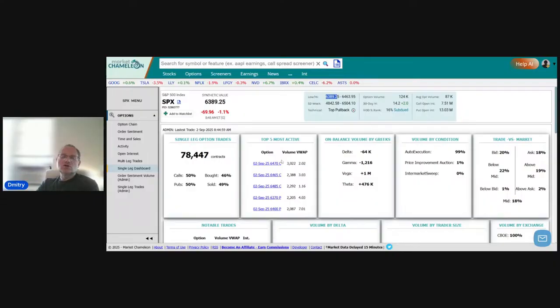So these are the most active single leg options, which are cumulative option volume. It accumulates throughout the day. As more and more trades come in, that volume increases.